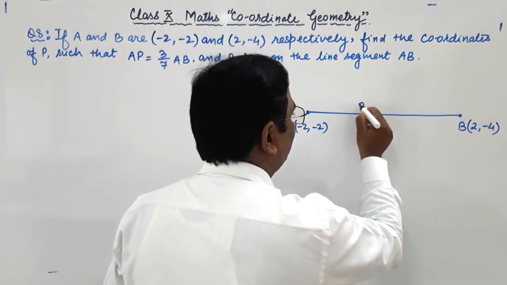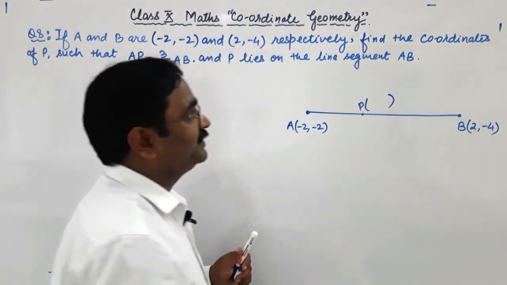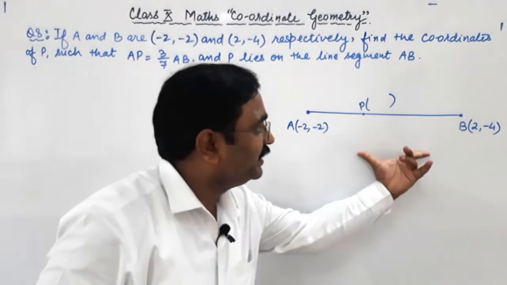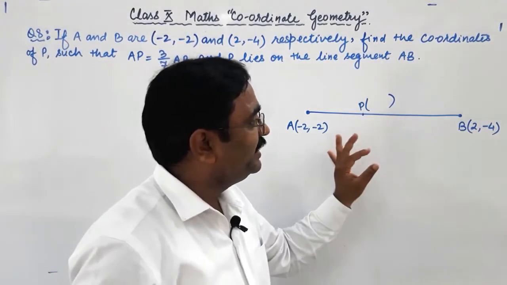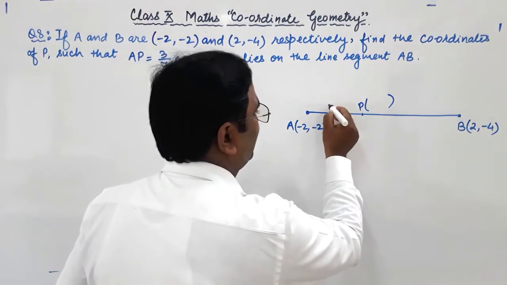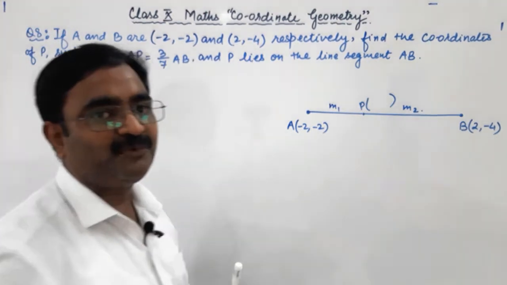This is point P. We are going to find out the coordinates of this point, but the relation between these it is given AP upon AB. As you know that this point divides this line segment in few ratios. Say these ratios are m1 is to m2. This we have to find out.